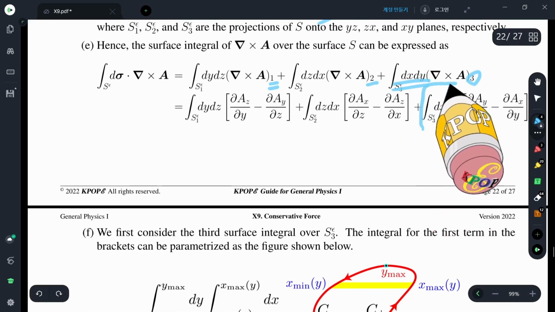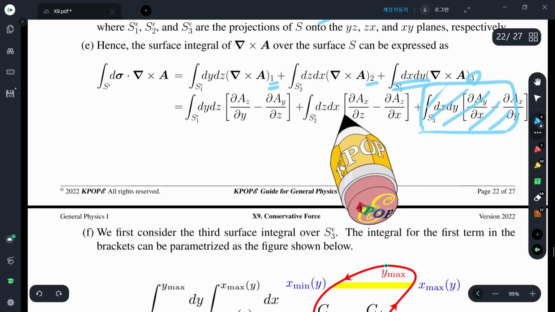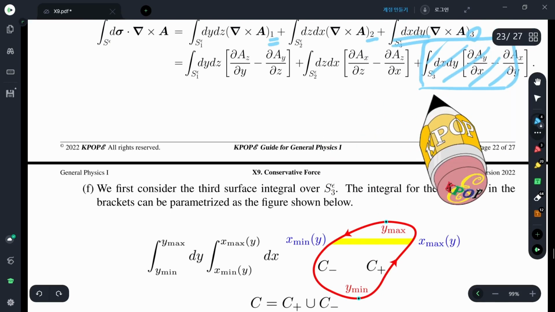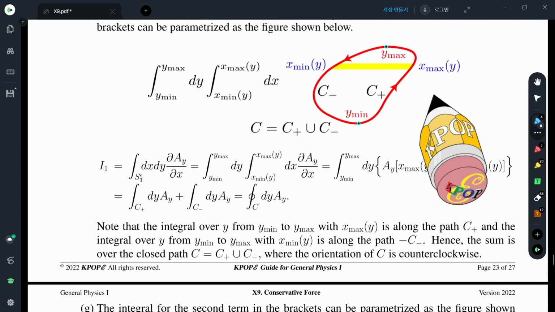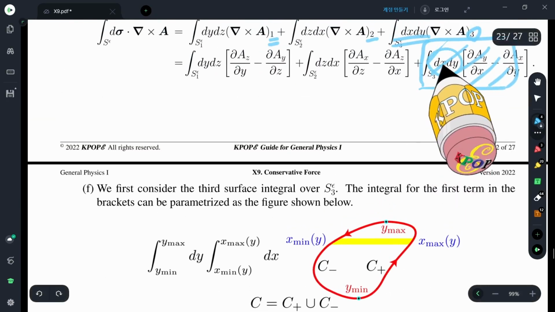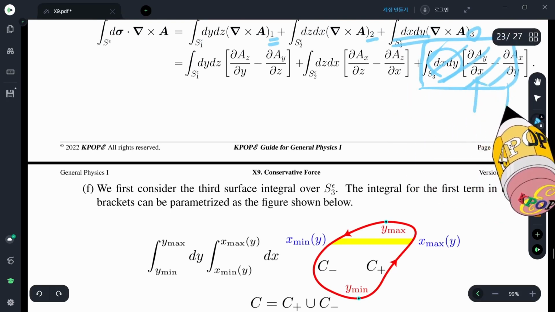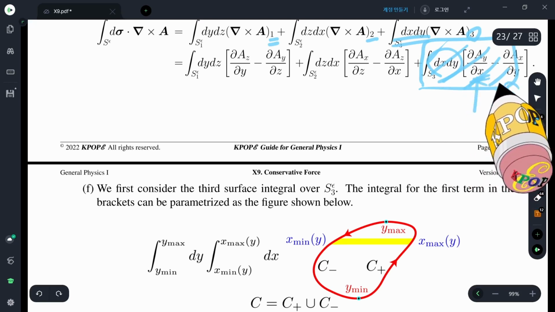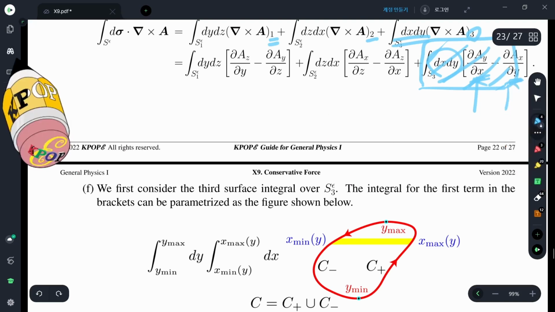So let me consider this part first. That is perpendicular to the z-axis, so that is on the xy plane. This double integral can be parameterized because this is integrated over x and this is to be integrated over y first, then it becomes very simple.